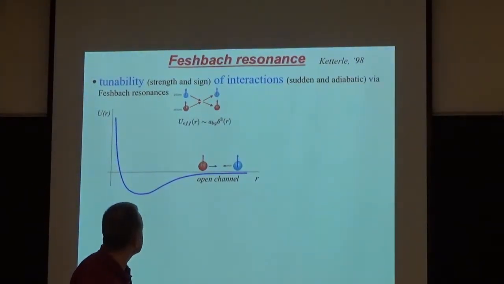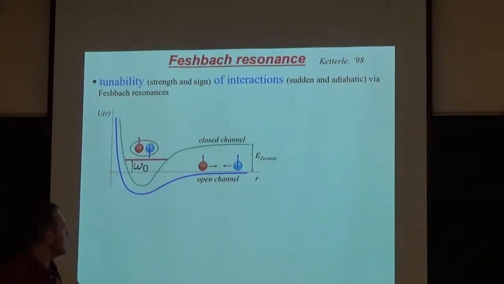But in reality, these are not featureless atoms. They're labeled by their hyperfine states. Even for two fixed hyperfine states, let's say 9/2 for the potassium, 9/2 and 9/2, there's a huge number of m sub f levels that describe these atoms. And so when they scatter, there's a huge number of channels that these atoms can scatter into.